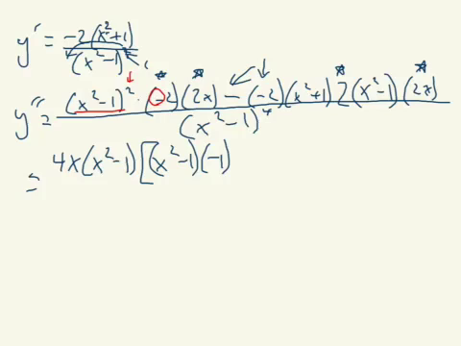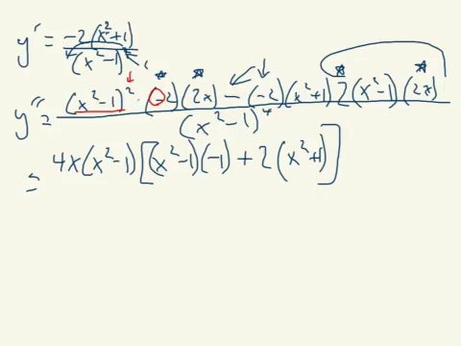Then we have a plus. This 2 is still with us. This x squared plus 1 is with us. And that's it, because these guys all got taken. 4x, x squared minus 1. Look good? Let me check.